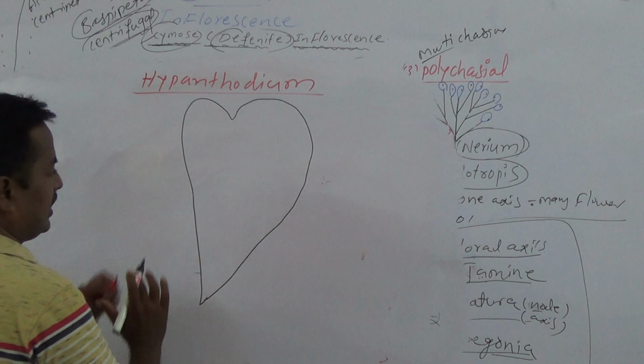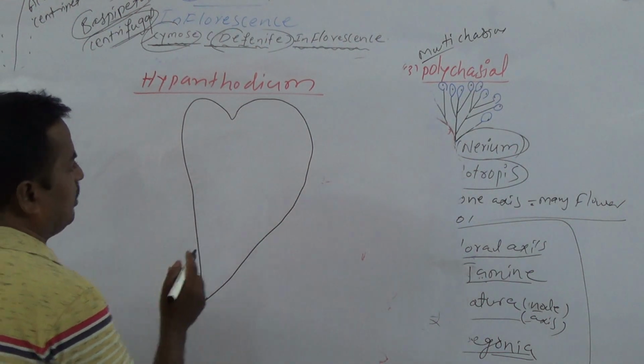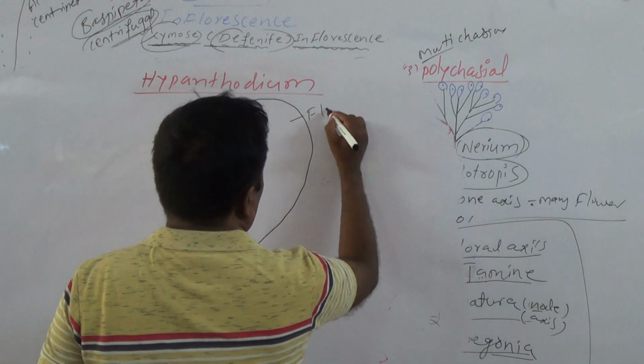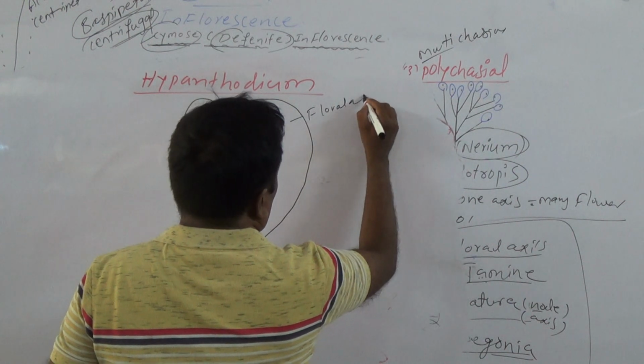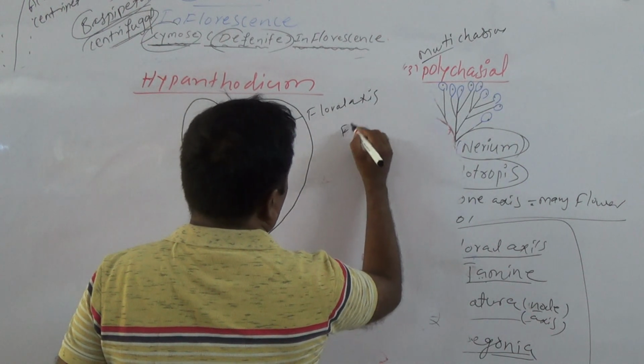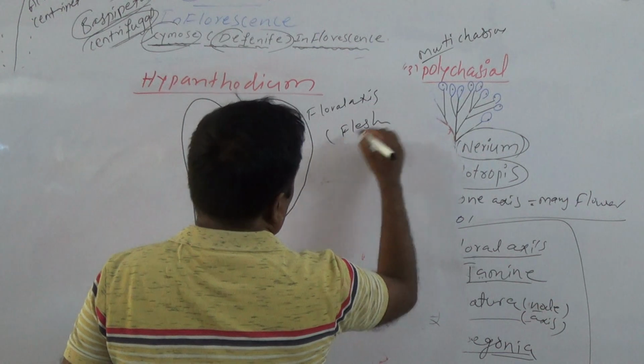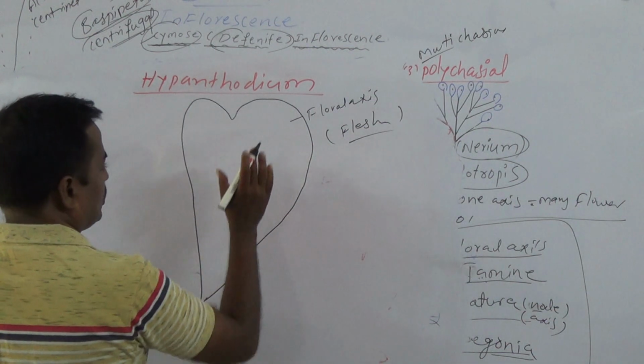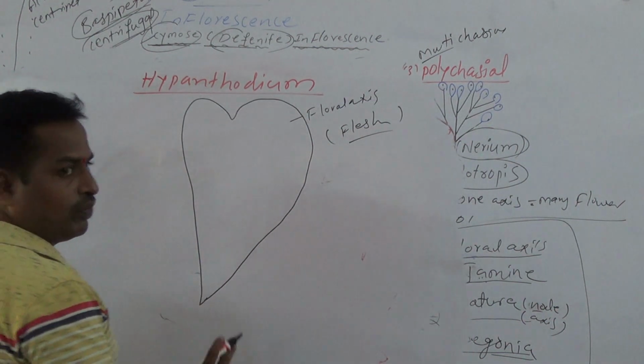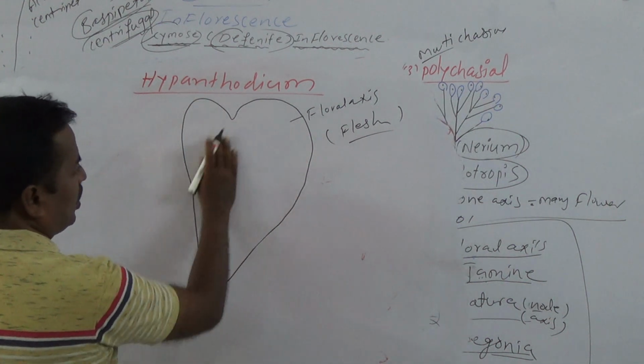Students, it appears like a heart shape. Now this is the floral axis. The floral axis is fleshy. Why is it fleshy? Because of storage of food. Its morphology looks like a heart shape.